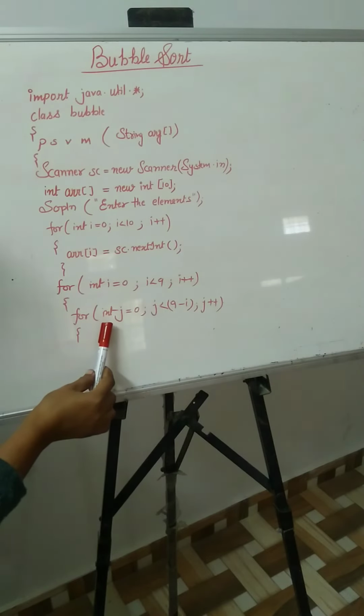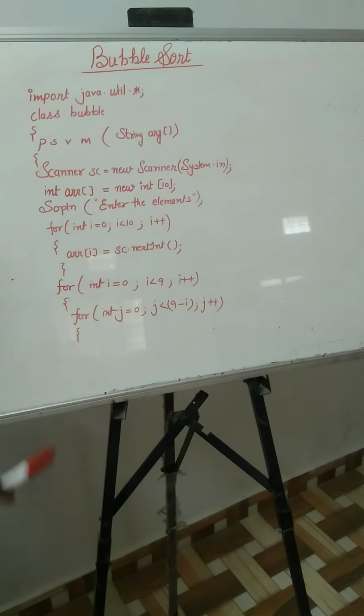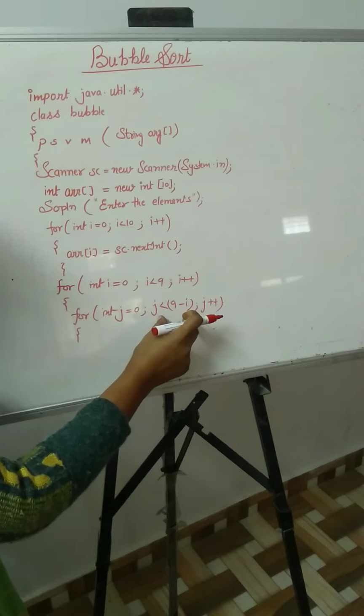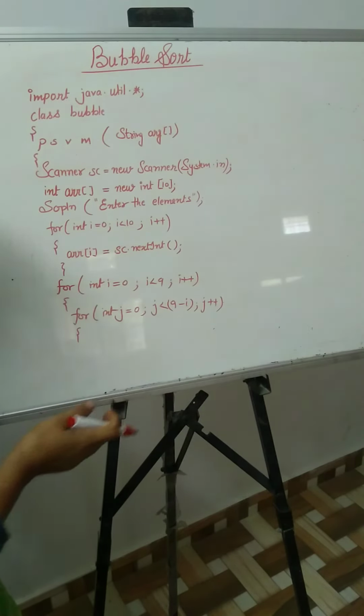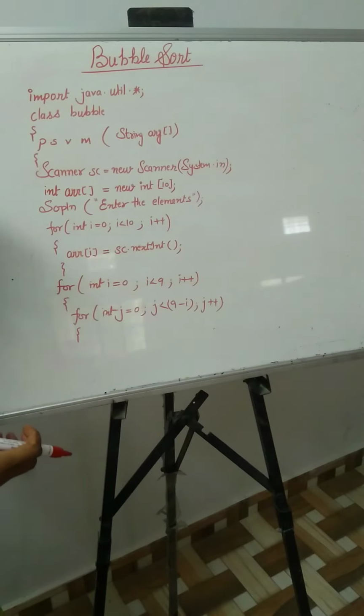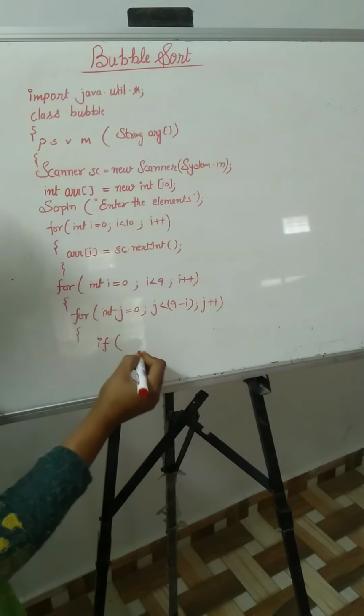After this, a for loop starting with 0 and less than 9 minus i. So this condition depends on i. After this, if we want to arrange the numbers in ascending order, what is the condition here?